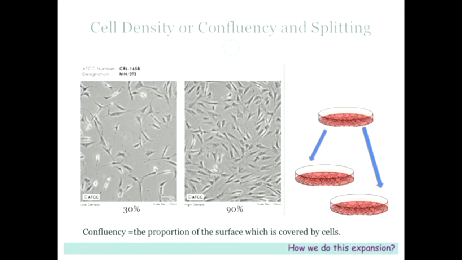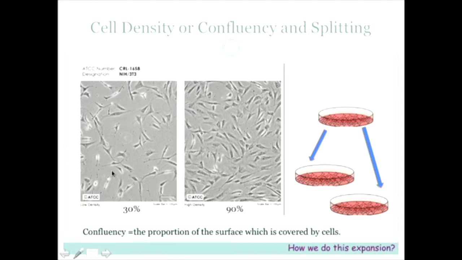In cell culture biology, we have a special term called confluency. Confluency is the proportion of the surface of your dish that is taken by cells.